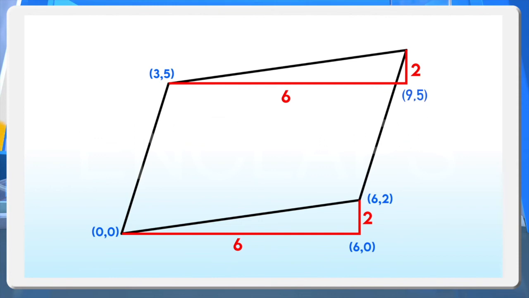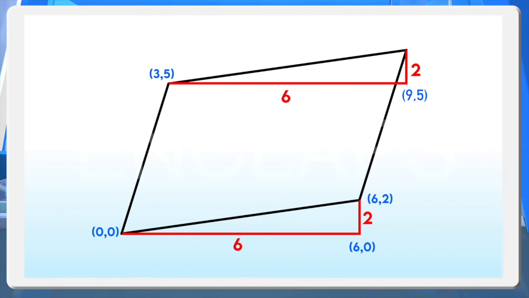Now, how to find the coordinate of the upper right corner of the upper triangle? Think of something we did before. Here, the right side is parallel to the y-axis, so the x-coordinate of the points on both ends of that side does not change. Since the distance between the points is 2, the y-coordinate of the upper corner will be 5 plus 2 equals 7.